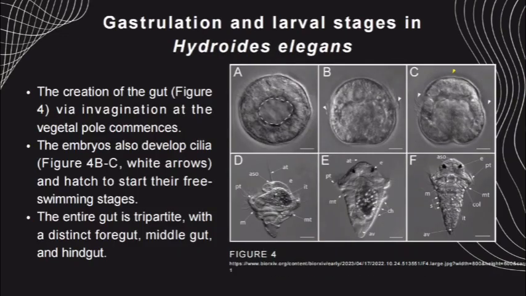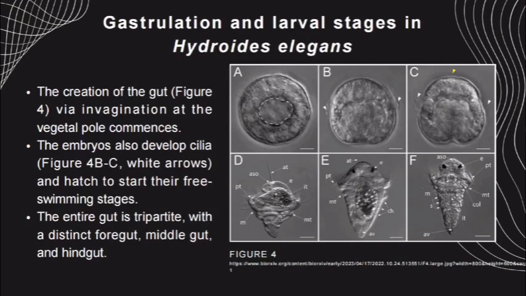So, from cleavage, we have now the gastrulation and larval stages in Hydroides elegans. Following the full cleavages of the 64-cell stage embryo, now known as a blastula, the creation of the gut via invagination at the vegetal pole commences.